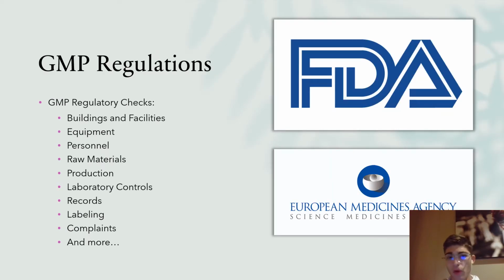So before I talk more on repetitive manufacturing, I want to talk about GMP regulations. As I said a second ago, the FDA and the EMA are both clinical authoritarian organizations that enlist certain regulatory checks within every company for each of their manufacturing practices, no matter if it's repetitive manufacturing, job shop, batch production, all that stuff.